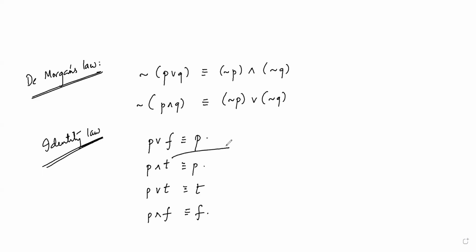Over here, T can take only the value true and F can take only the value false. Clear? Yes, sir. You need to memorize these laws, sir, basically nothing else.